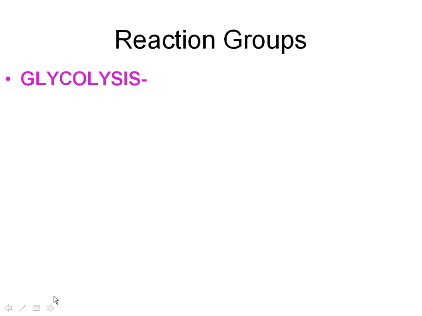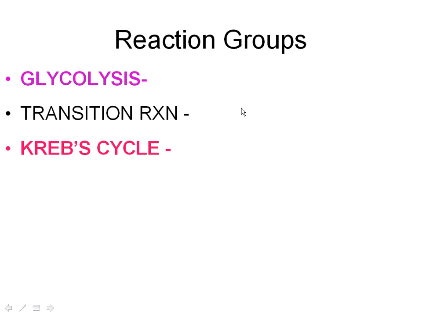The next one is the transition reaction. Remember, the transition reaction links glycolysis over to the next reaction, which is actually the citric acid cycle. And remember, the transition reaction will move us into the matrix of the mitochondria.